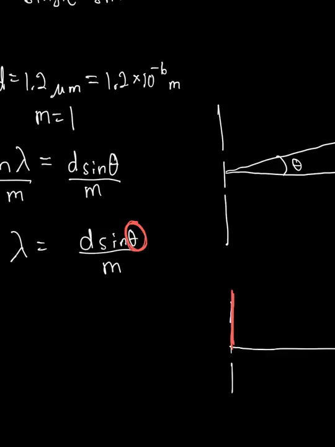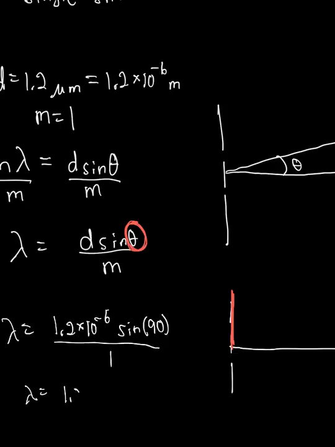So I have lambda equals d, which is 1.2 times 10 to the negative 6, times sine of 90 degrees, all divided by 1. Plug all your numbers in, you get 1.2 times 10 to the negative 6 meters.